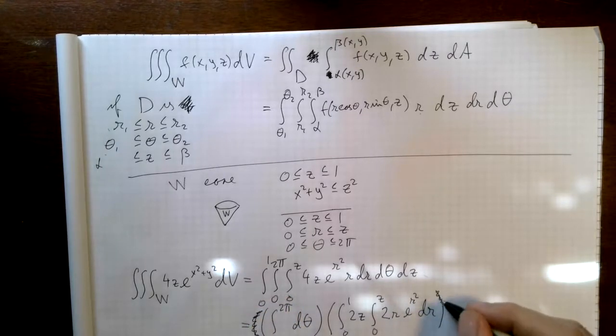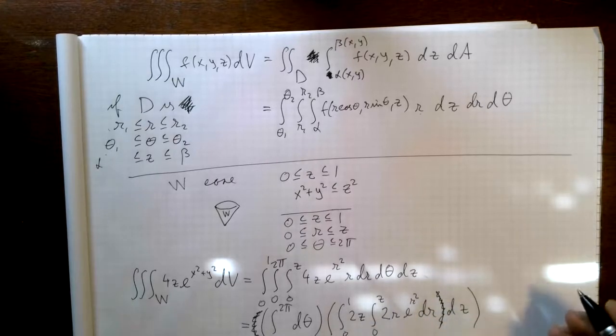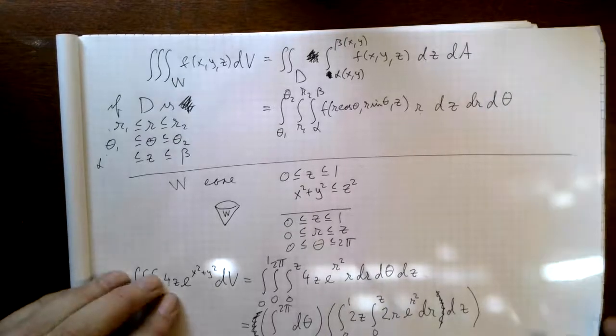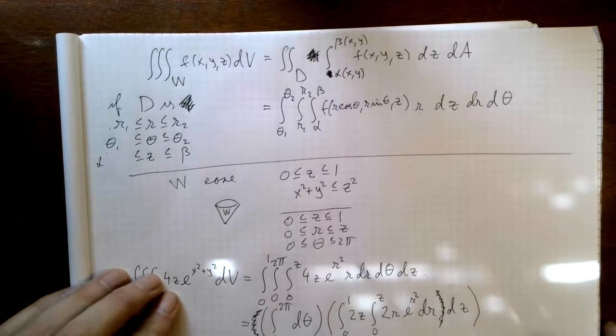I forgot the dz. Okay, this guy, that's easy. That's 2 pi. All right, so that I'm done with.